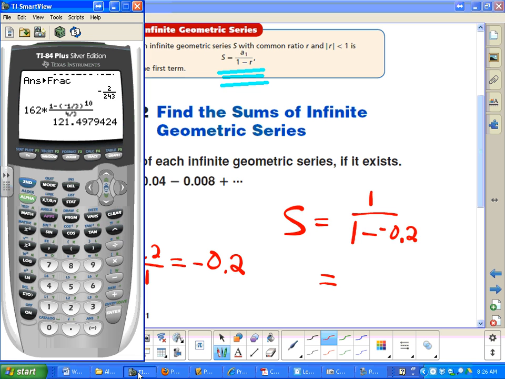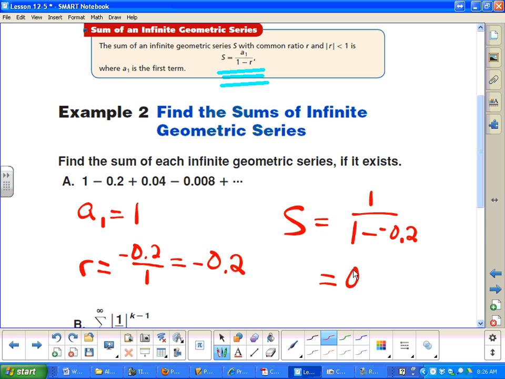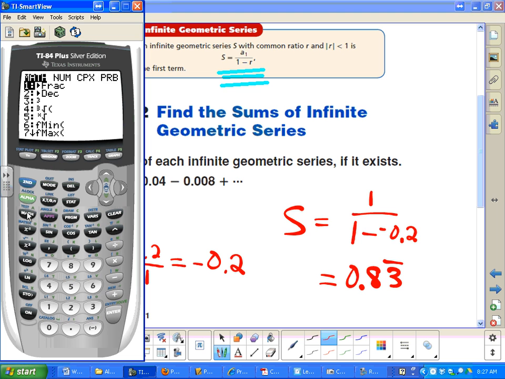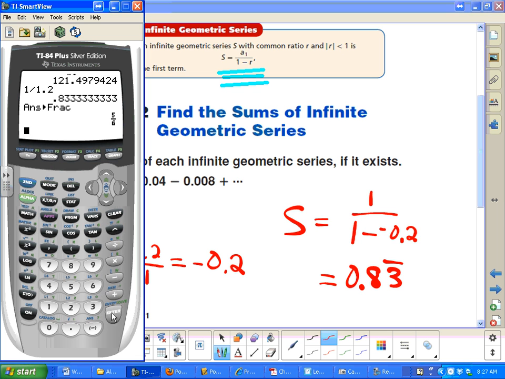So 1 divided by 1.2 is 0.83333. Right? Which is actually a really nice fraction of like 5/6, I think it is.